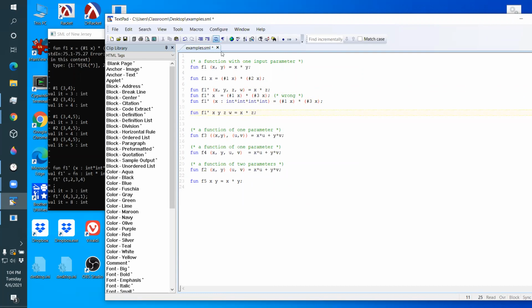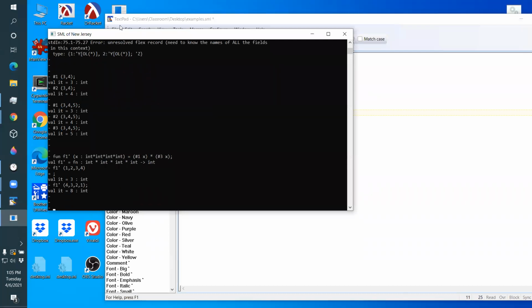That's really a function of 4 inputs. I don't use 2 of them, and I take the product of the first and third inputs. But that's curried. That one really is a function of 4 inputs, not 1.